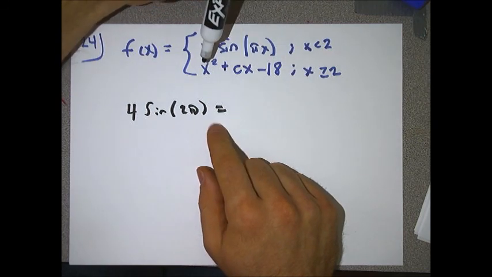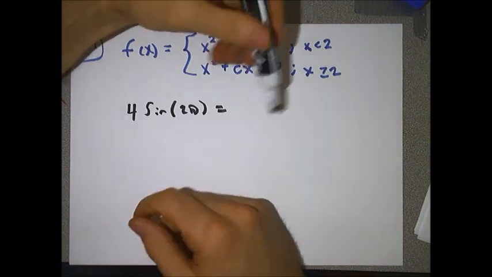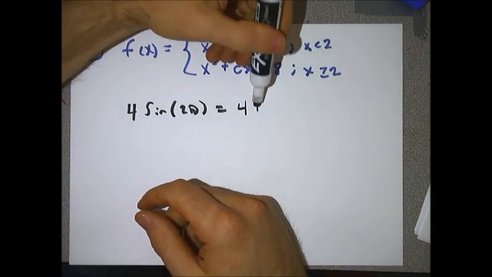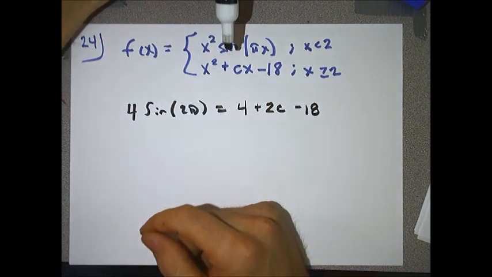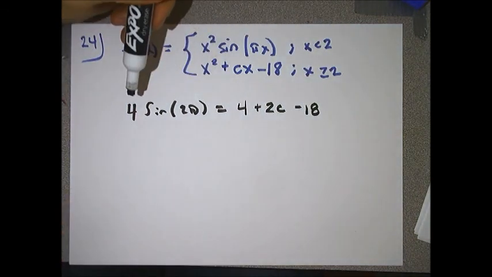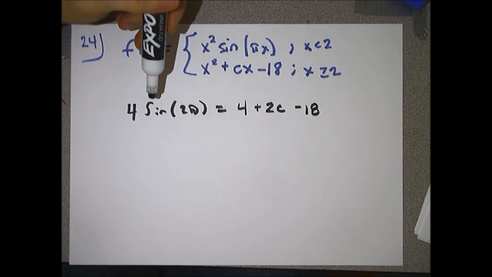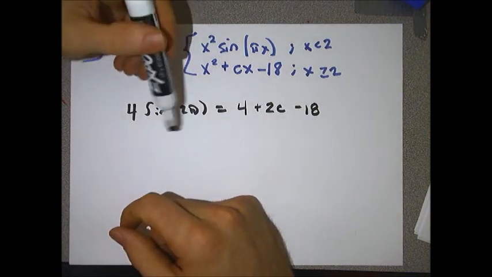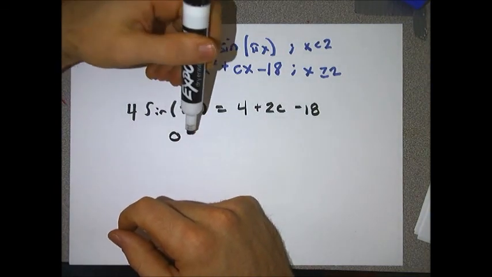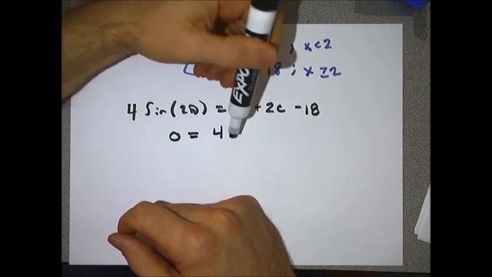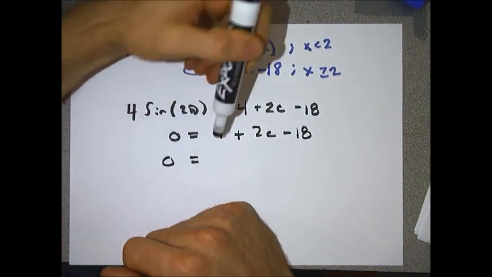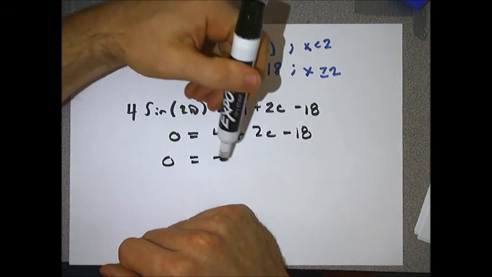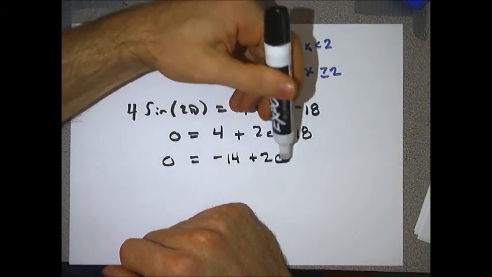So again, we're letting x be equal to 2. So that's 4 plus 2c minus 18. Okay, and what do we know about the left now? Sine of 2 pi. 2 pi for sine would be 0. So this is 4 times 0, which is 0, is equal to 4 plus 2c minus 18. 0 is equal to 4 minus 18, which is negative 14, plus 2c.